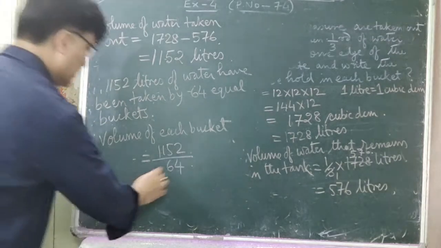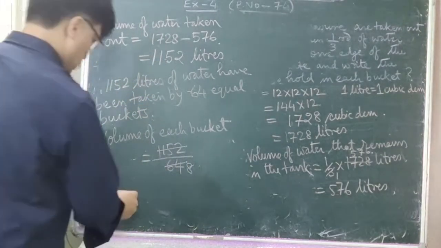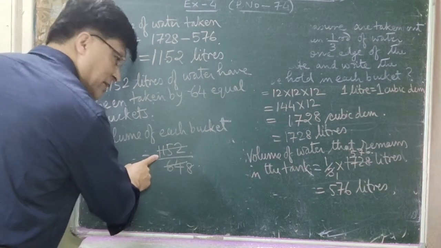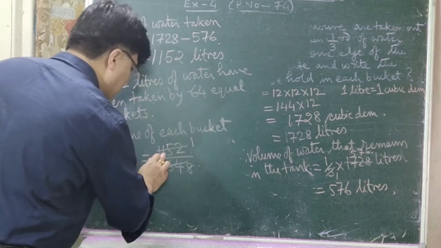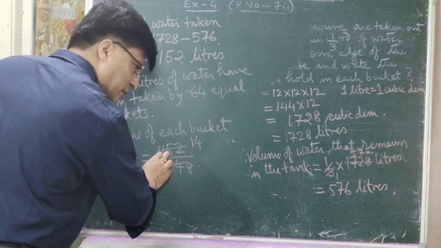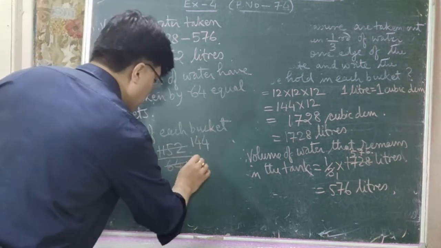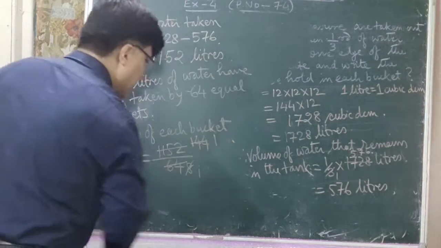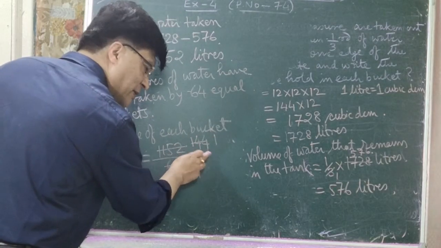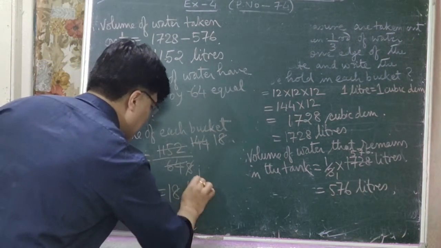So you can cancel it by 8. 8 जा 64. 8 ले यसलाई कति टाइम्स? 8 4s are 32. फेरि 8 ले यसलाई 8 1 जा 8, 14 minus 8 is 6, 64, 8 8 जा 64. That means it is 18 liters.